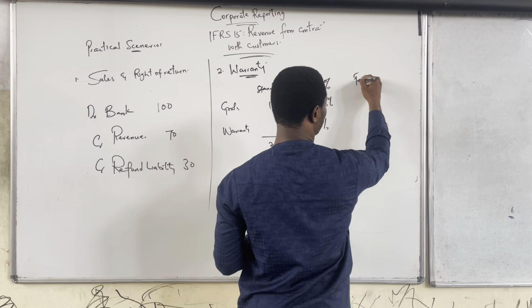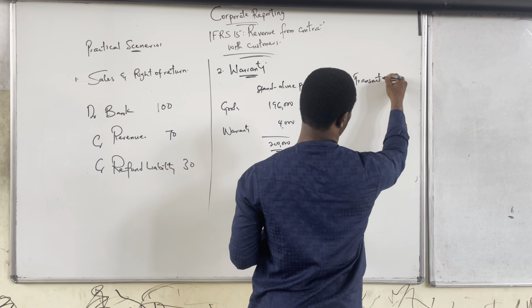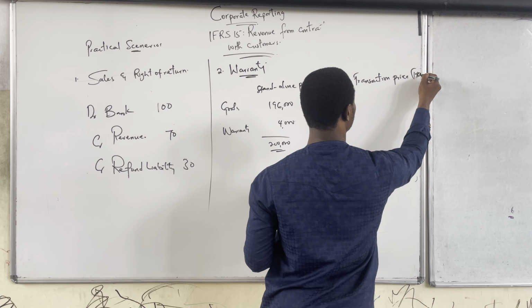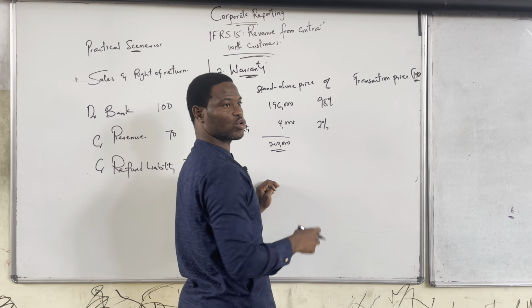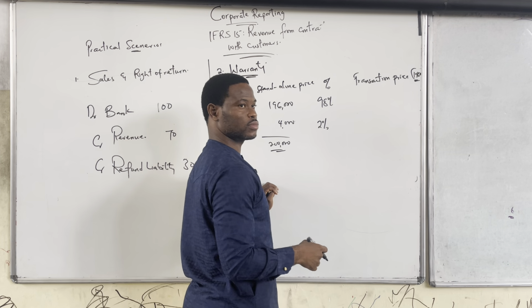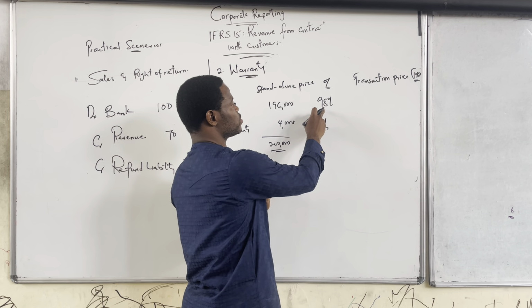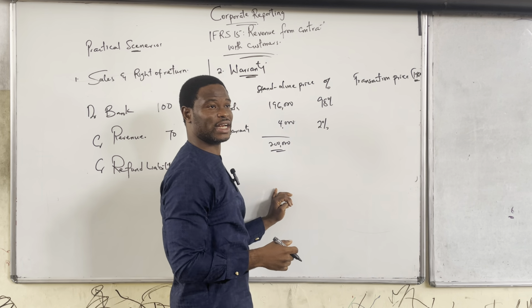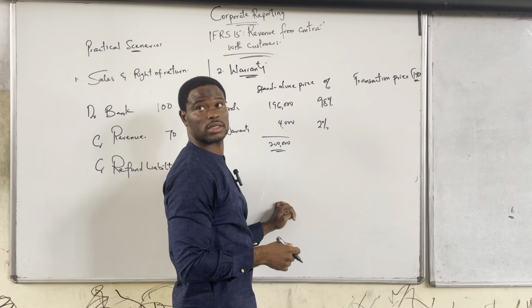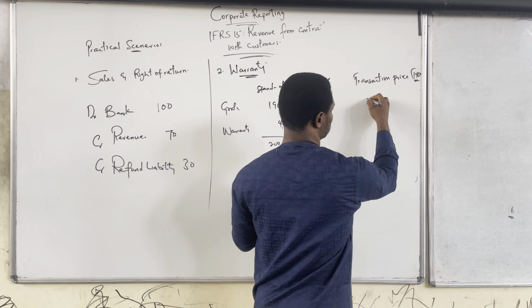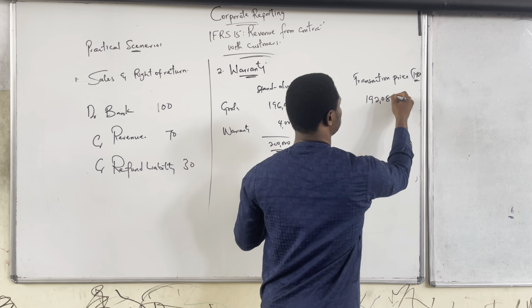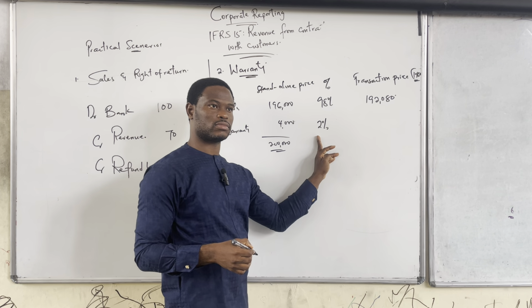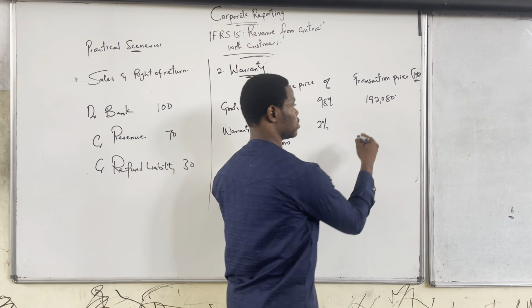That means the transaction price now, which is 196,000. So what's 98% of 196,000? How much? What's 2% of 196,000? How much?